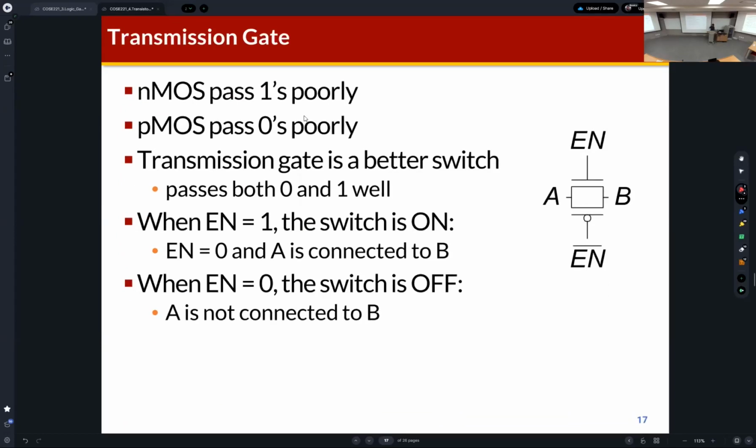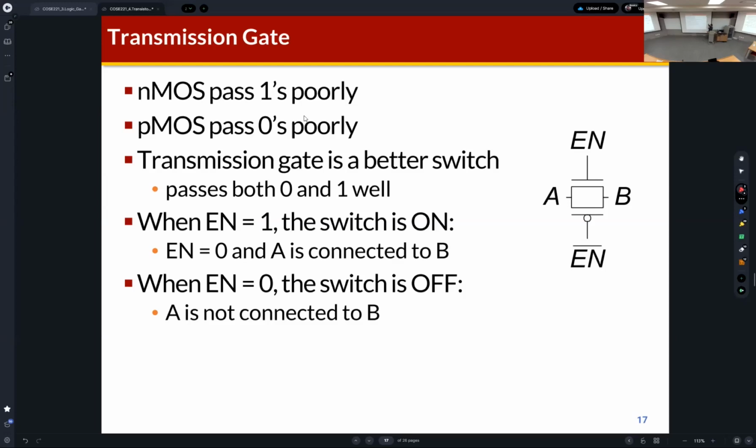Okay, so there is a different kind of gate. It's called the transmission gate. It's just a switch. If we look at the transmission gate, this is the gate. The NMOS transistor is here, and this is the PMOS transistor, and the gates are connected to the control signal EN.